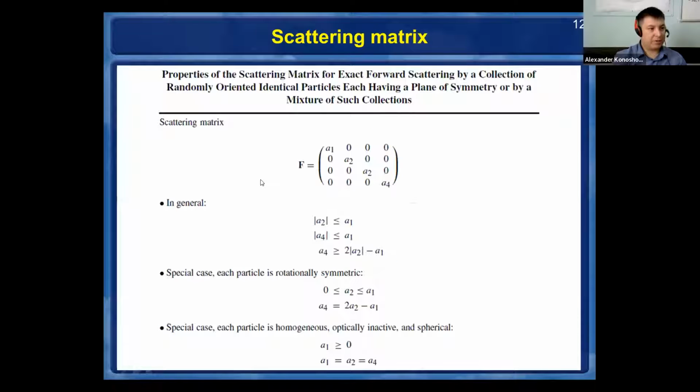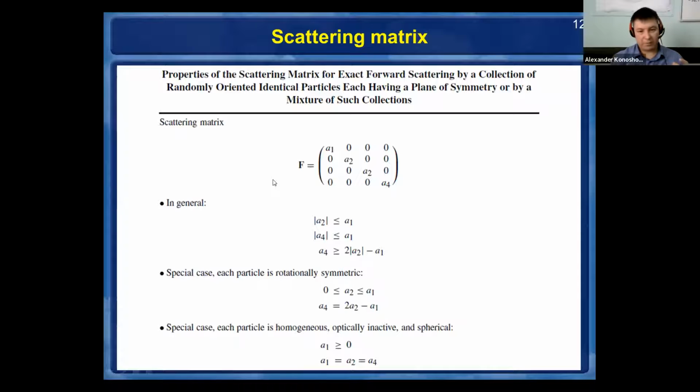And this scattering matrix has some interesting phenomena. If we are talking about light scattering on small spherical particles, the forward scattering matrix is like this. For example, for a homogeneous optically inactive spherical particle, it's a completely simple matrix, just like a unity matrix with a scalar component here.